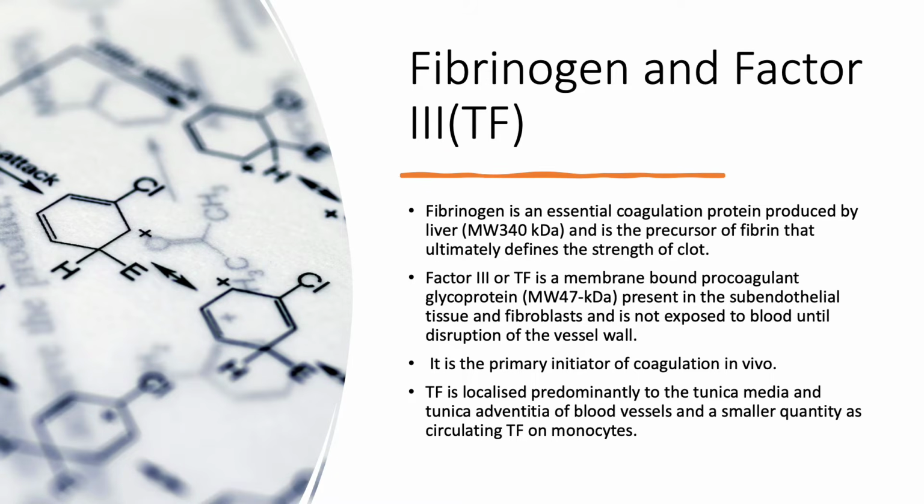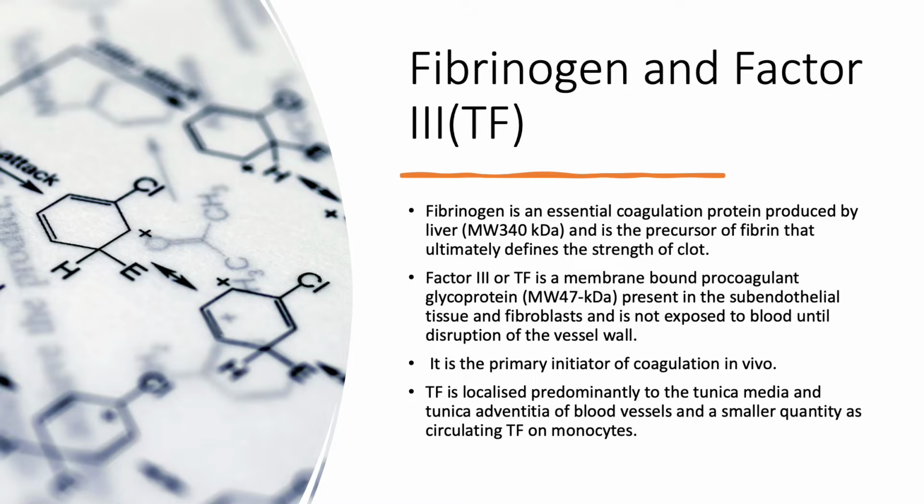Fibrinogen and factor 3, which is the tissue factor. Fibrinogen is an essential coagulation protein produced by the liver with a molecular weight of 340 kilodaltons and is a precursor of fibrin that ultimately defines the strength of the clot.